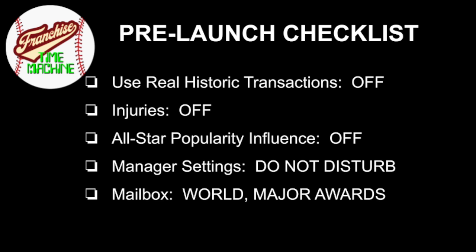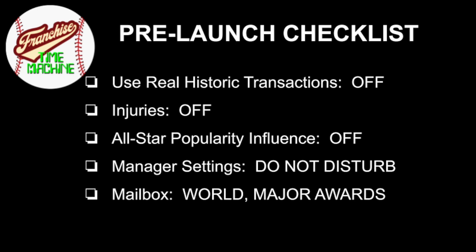The other thing is, I like seeing if the players from my time machine team make the all-star team. And the default setting for that is that the popularity of players is very important to all-star voting. When you bring in players from a different time into your simulation, their popularity will go to zero.